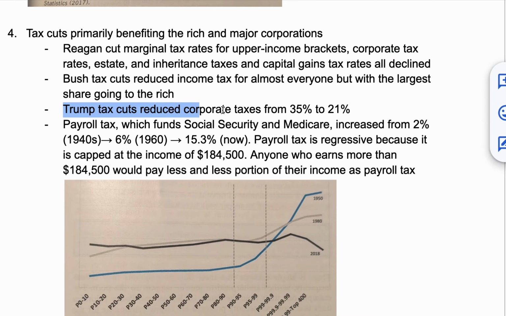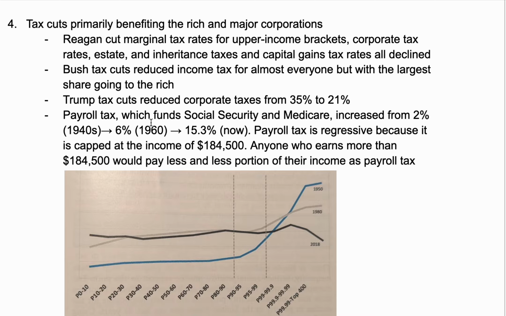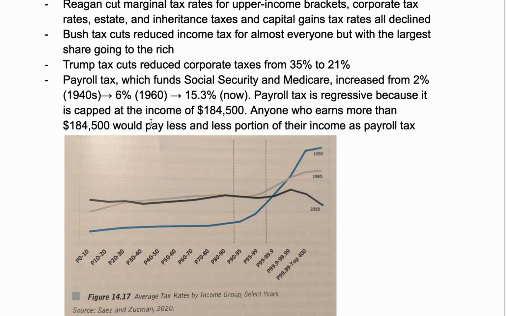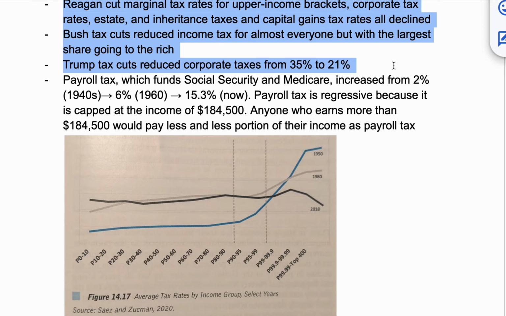Trump tax cuts: President Trump, who was elected in 2016 and became president in 2017, also signed a tax cut bill that reduced corporate taxes from 35% to 21%. And corporate tax is tax on profits, so it's for rich people. So rich people were able to retain more of their money. And that explains why the Gini coefficient has been rising, why inequality has been rising in the U.S.